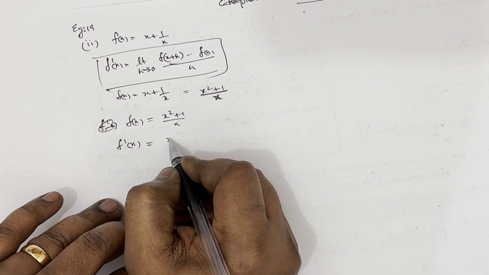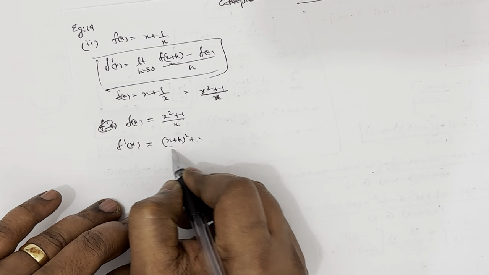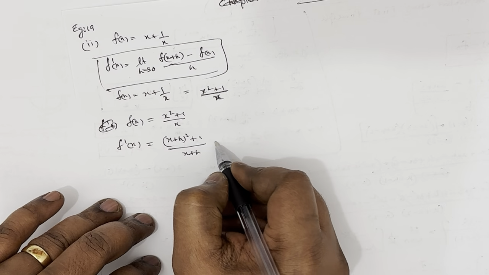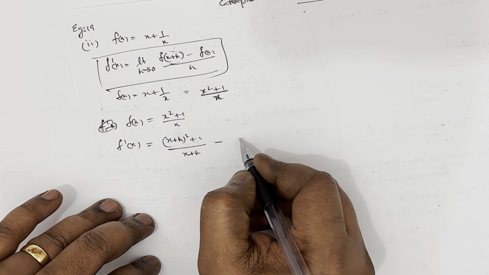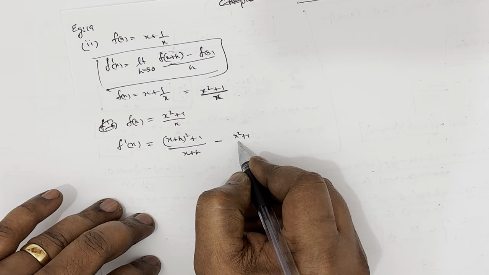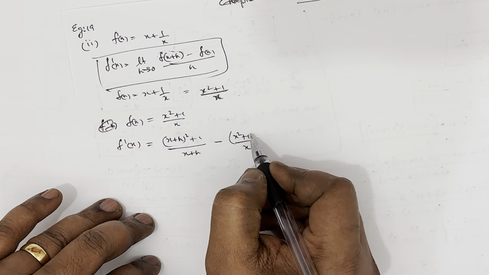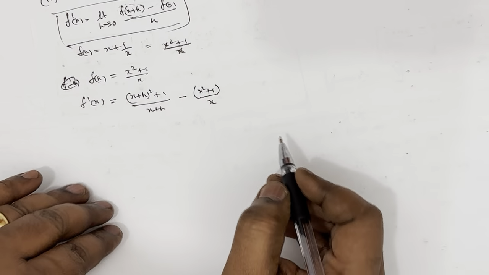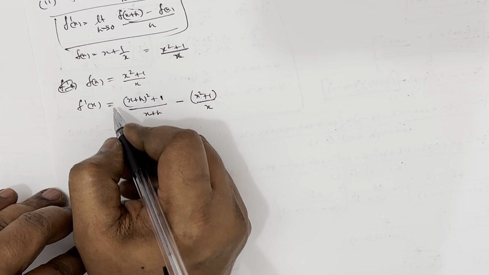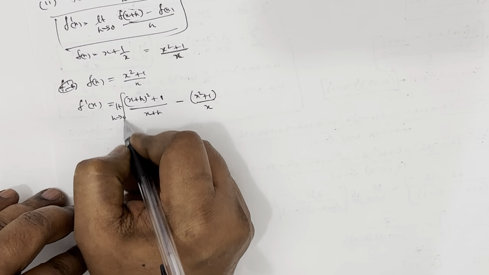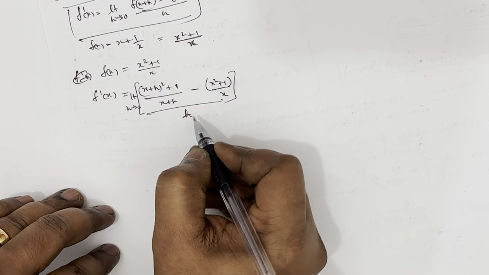So this will be x plus h whole square plus 1 upon x plus h, minus the function as it is, that is x squared plus 1 upon x. Let this be in braces because we have negative here. Now limit h tends to 0, upon h. Let's bring this h out.